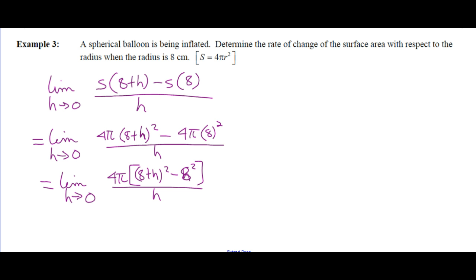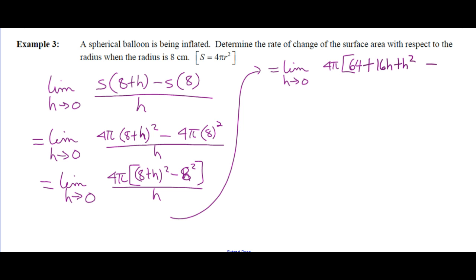Okay, so we can expand this. Limit as h approaches 0 of 4 pi times. Okay, so squaring 8 plus h, what do we got? 64 plus 16h plus h squared minus 64 over h. So we got 64, we got minus 64.